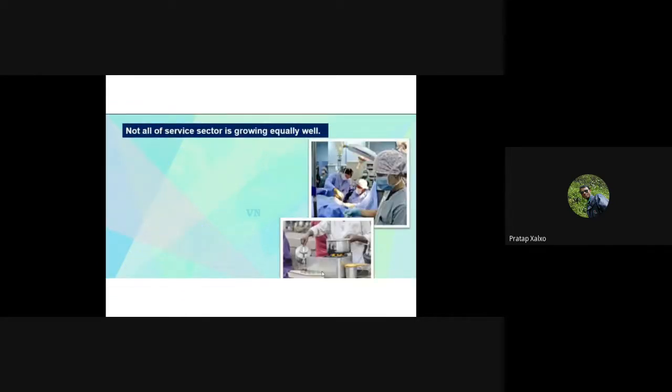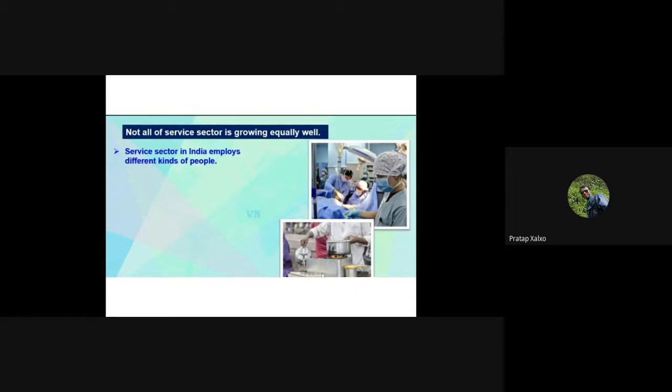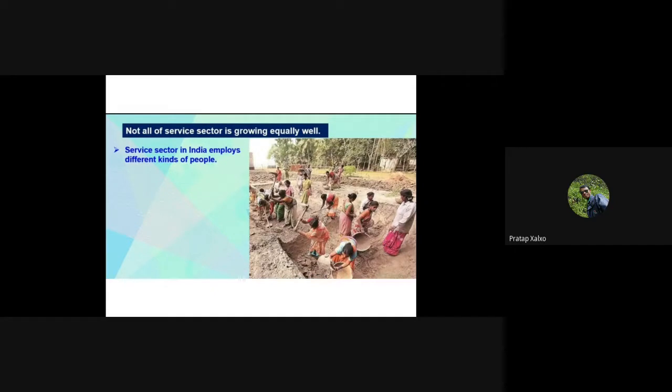Not all service sectors are growing equally well. Why is it so? The reason is that the service sector in India employs different kinds of people, that is, different types of laborers. One can be unskilled, like a lot of landless laborers working in the field.